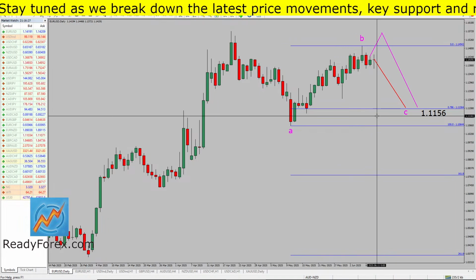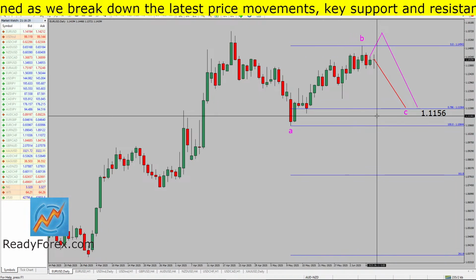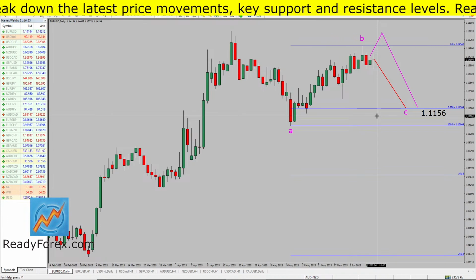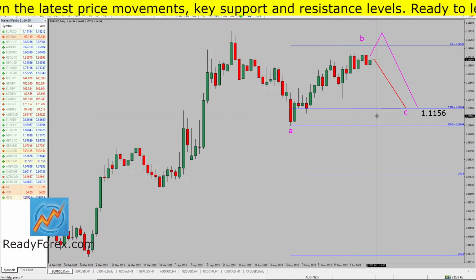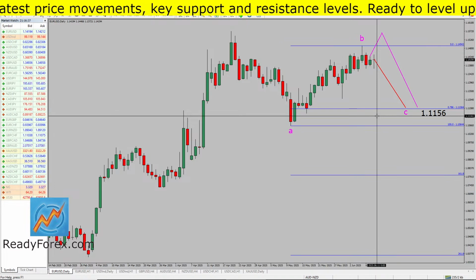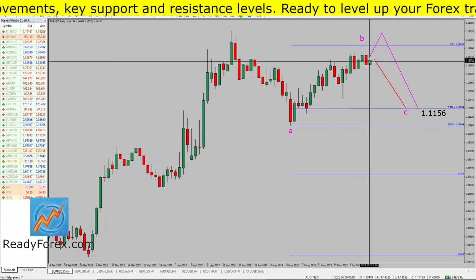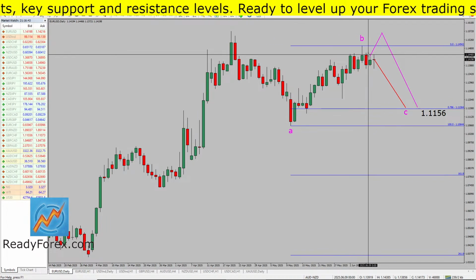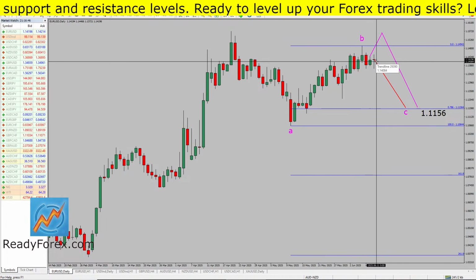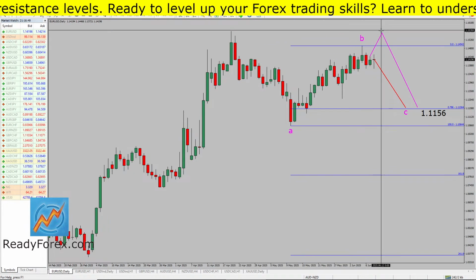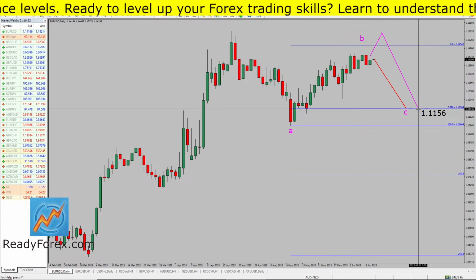Okay, let's see if you guys could notice this. The EURUSD currency pair is most likely going to print a new high first, and after that expect a drop in price action.